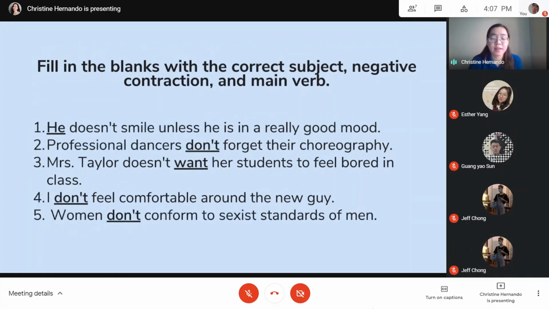That is correct because women is a plural noun. Since it is a plural noun, we follow it with the word don't and then the base form of the verb. So, is it clear about our topic, the structure, the pattern, the rules in the present simple negative, guys? Yes, ma'am.